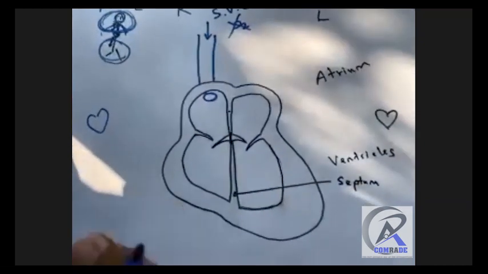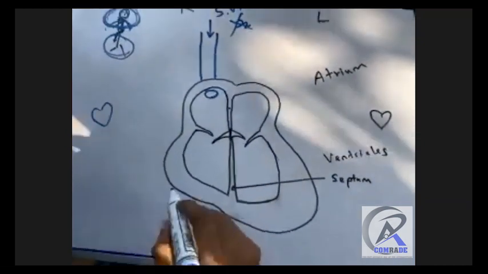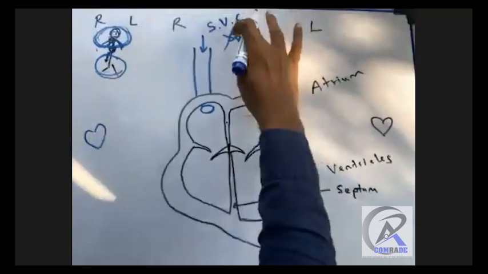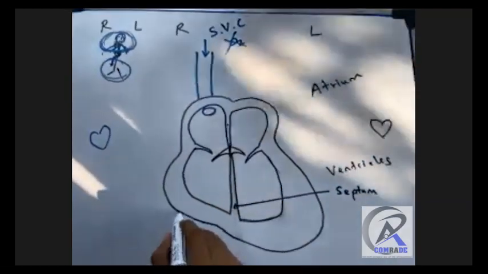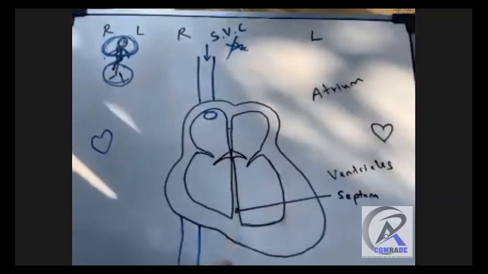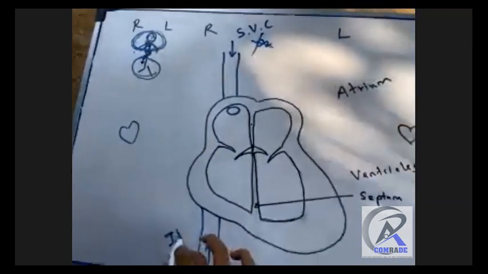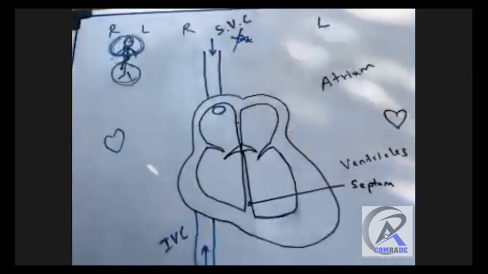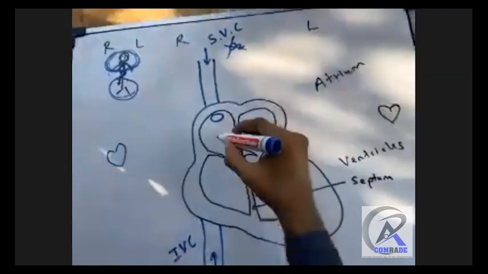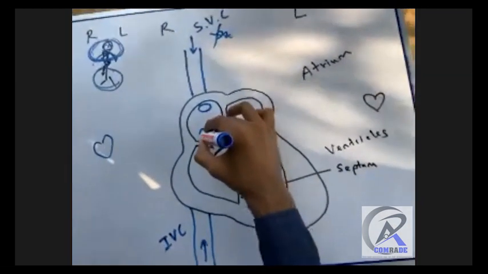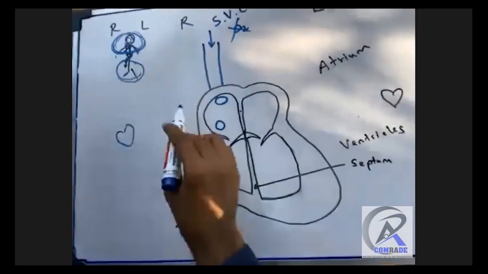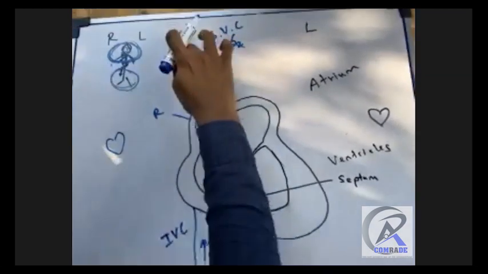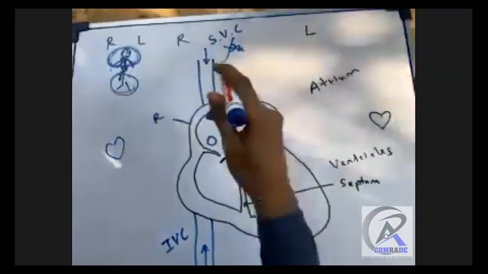If you have any question, you can ask. If there's an SVC without oxygen, there should be an IVC also. IVC, inferior vena cava. This also enters from here. What is this? Right side atrium.